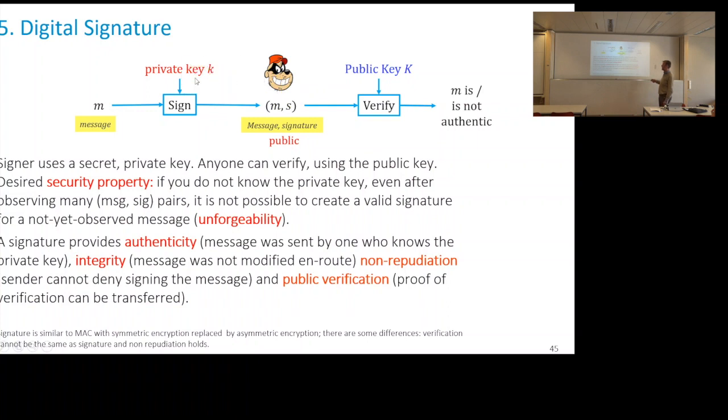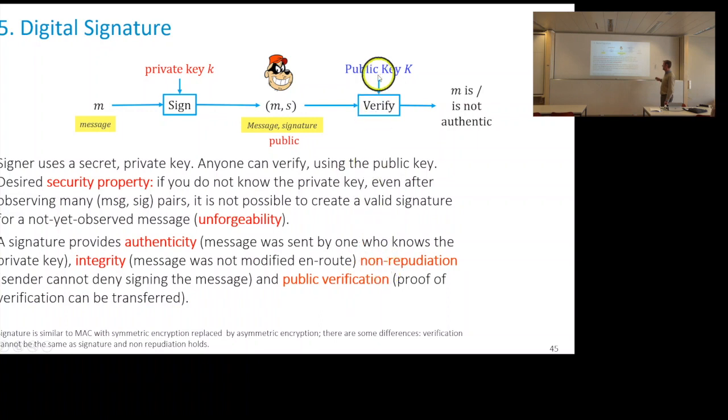If this is the private key of the PMU, only the PMU may have sent the message, but anybody can verify it. Other than this asymmetry, the requirements are very similar to the ones we had for MACs, which used a secret key. Except now the fact that the public key is public provides a stronger guarantee.